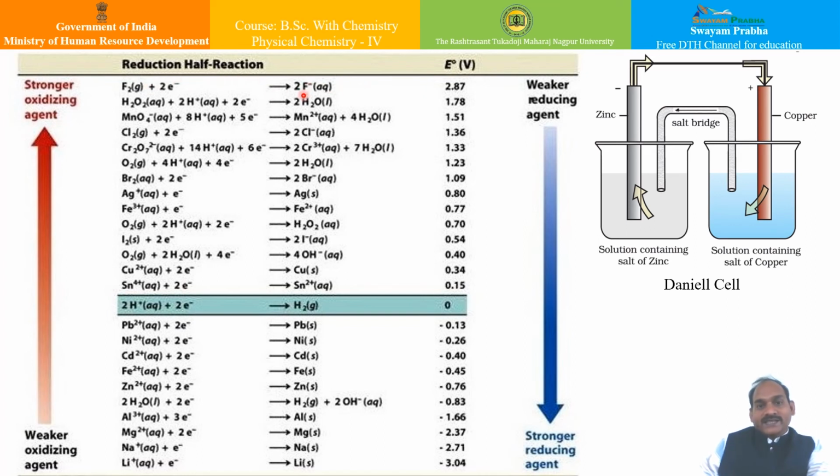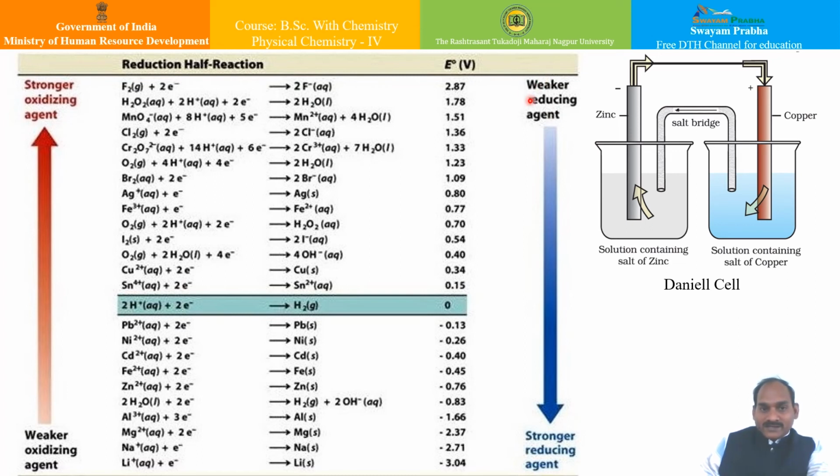It indicates that fluorine gas has the maximum tendency to get reduced to fluoride ions, and therefore fluorine gas is the strongest oxidizing agent and fluoride ion is the weakest reducing agent.